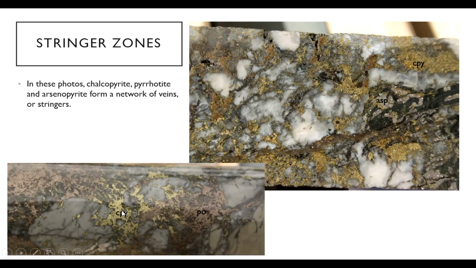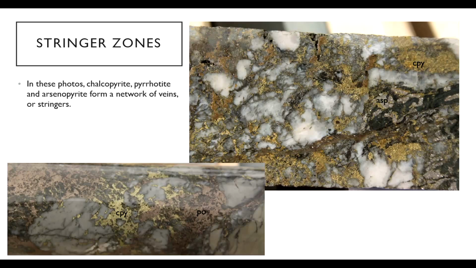So that's the idea. The vein is either, in these cases, all nicely chalcopyrite or pyrrhotite, or in this case arsenopyrite, but sometimes it's other gangue minerals. And so we call these stringers because we don't really have that defined vein structure anymore. We just have ore in a sort of network structure or texture.